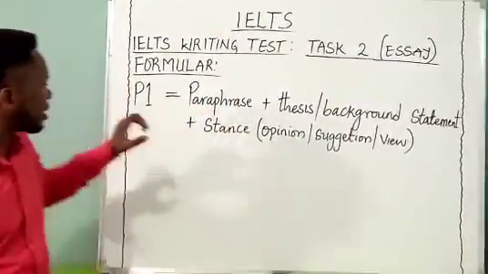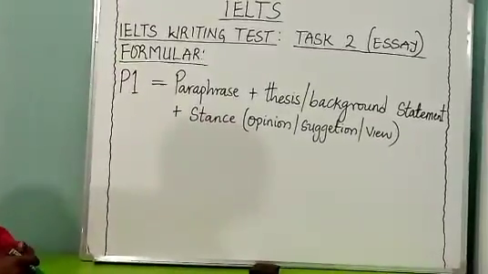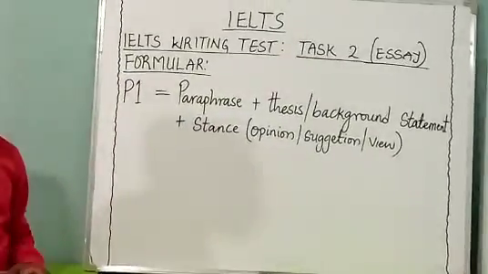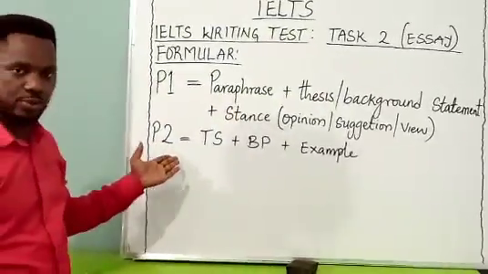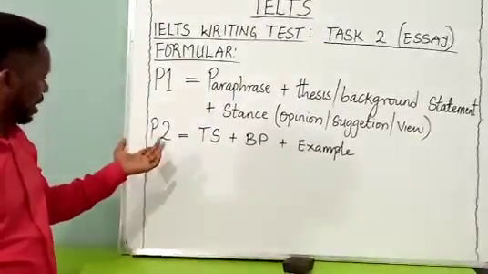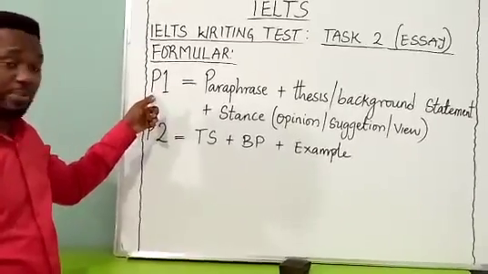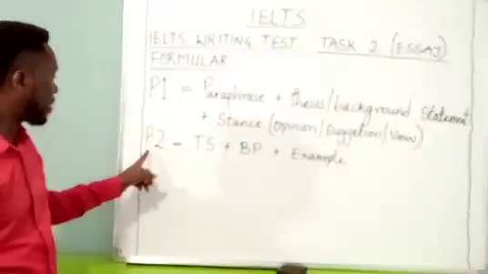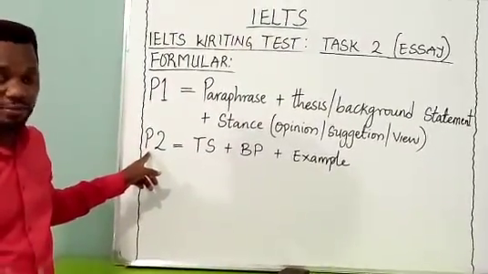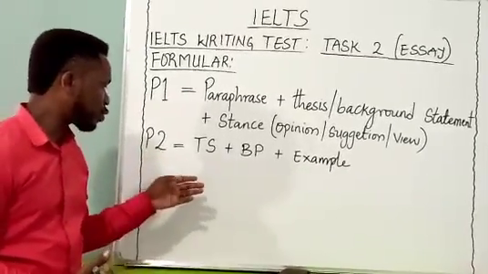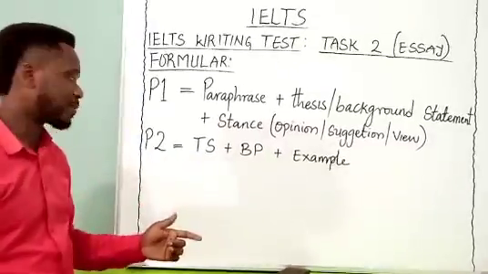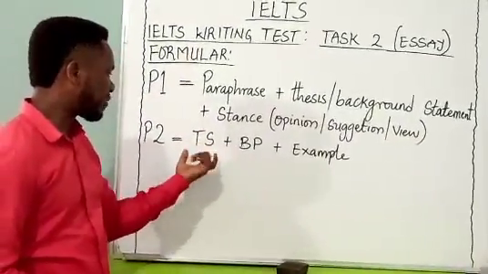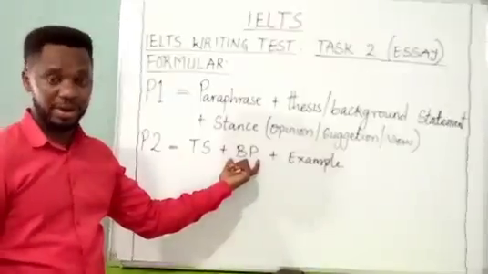Alright, having written this part of the formula, the next part of the formula is P2. The P2, of course, we know just as we have P1, which is paragraph 1, the P2 simply implies paragraph 2. And in your paragraph 2, you're expected to have your TS. TS means topic sentence. After your topic sentence, you develop it having your body paragraph.